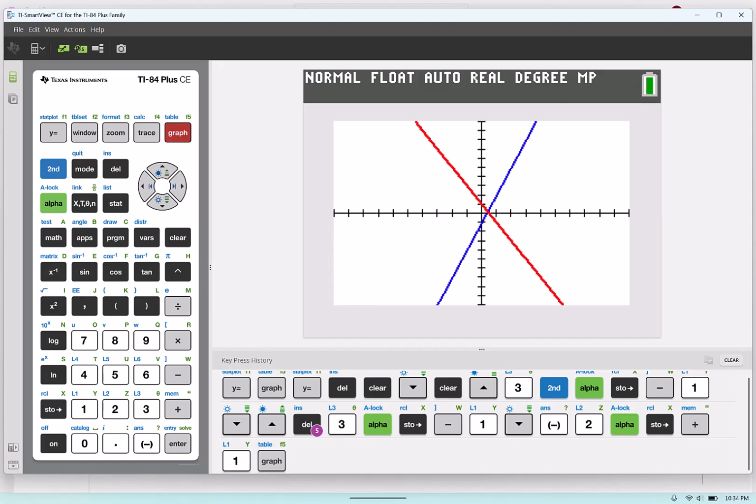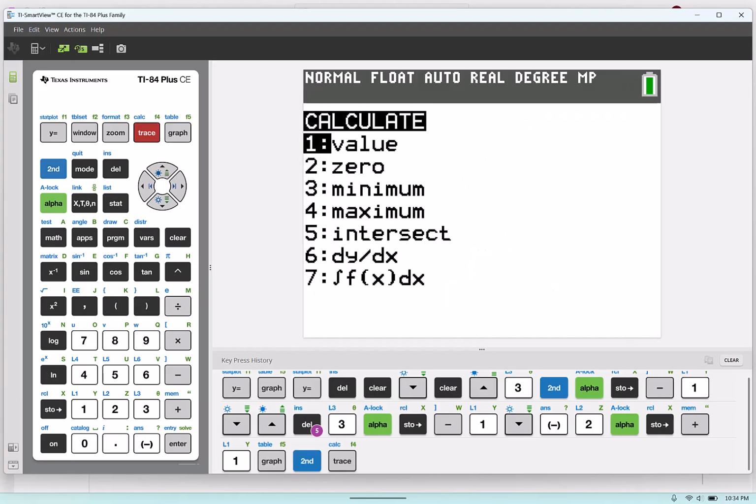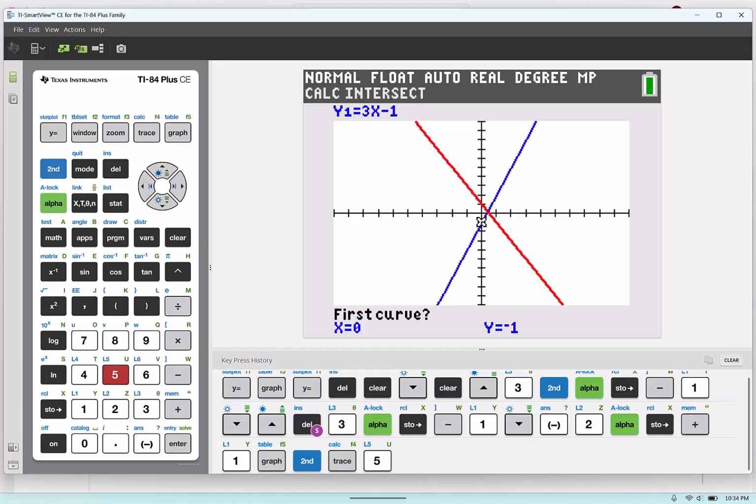All right. So we got two lines that don't intersect nicely on a whole number ordered pair. And so if we go second trace, you'll see number 5 is intersect. I can press intersect. It's asking me to find that point. Enter. And I get that they intersect at 0.4 and 0.2.